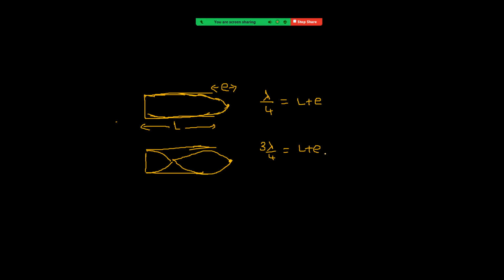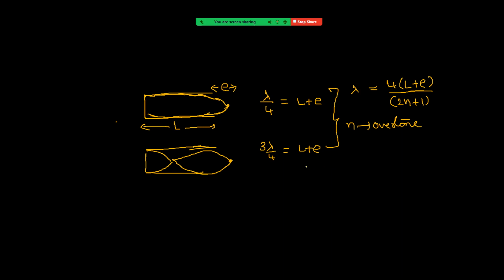If you generalize, lambda equals 4 into L plus C, divided by, in the place of 3, 2n plus 1. Here n corresponds to the overtone. So for n equal to 1, this becomes 3, the third harmonic.